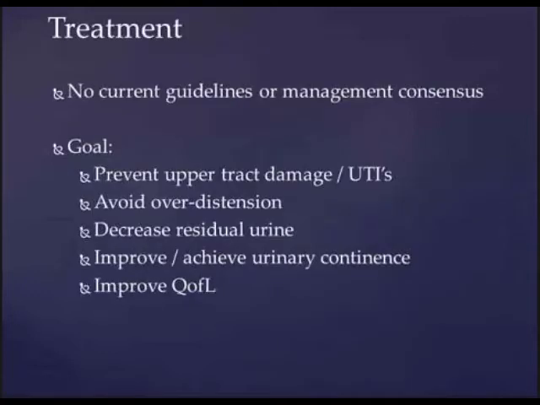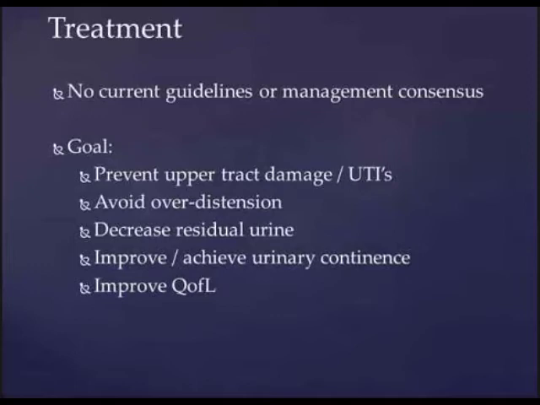So treatment. There's no current guidelines or management consensus. And that's one of the challenges of doing a presentation like this. It's usually nice when you have that guideline right in front of you. But ultimately, it's pretty obvious what the goal of treatment should be in these people. We should prevent upper urinary tract damage. We should prevent urinary tract infections.